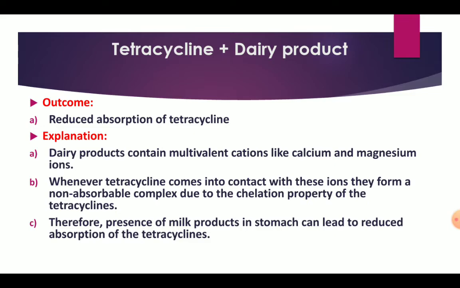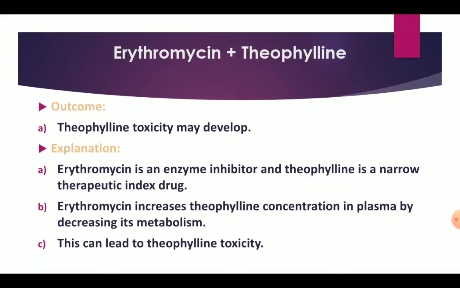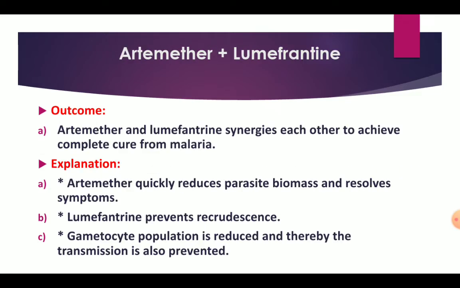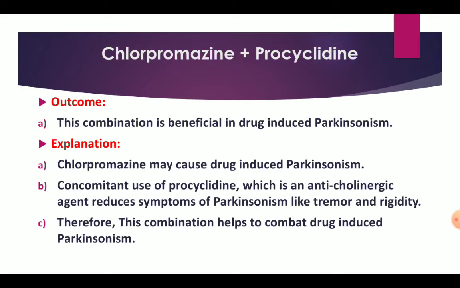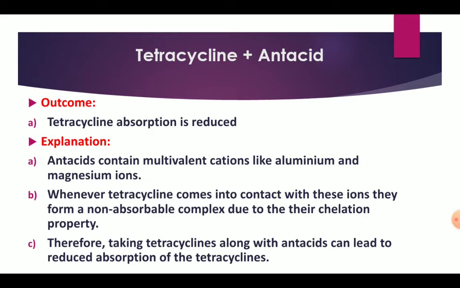Okay, tetracycline and dairy products, what happens there. Now erythromycin and theophylline. Okay, artemether and lumefantrine, right? Chlorpromazine and procyclidine, what happens there? Tetracycline and antacid, tetracycline absorption is reduced.